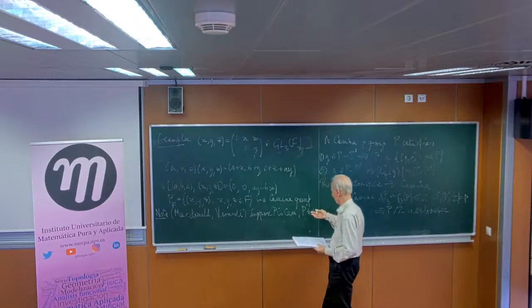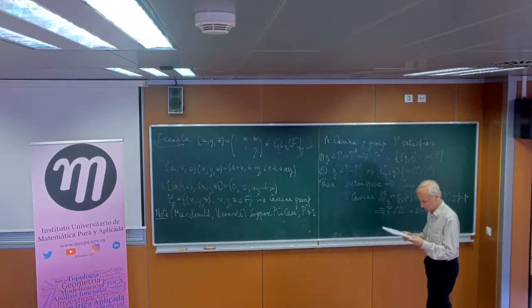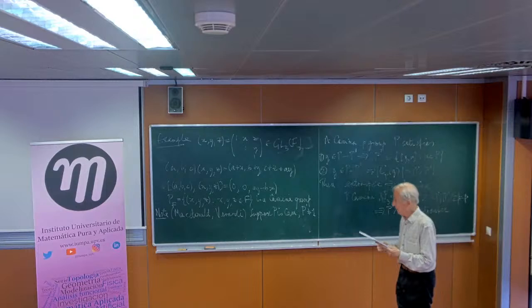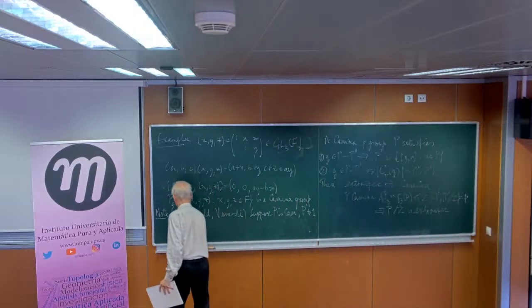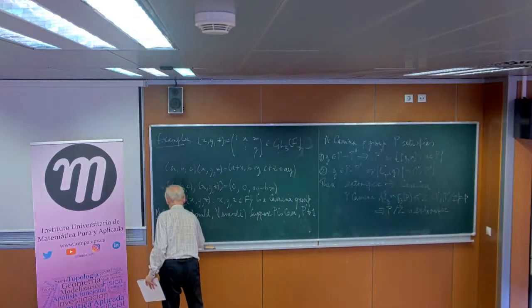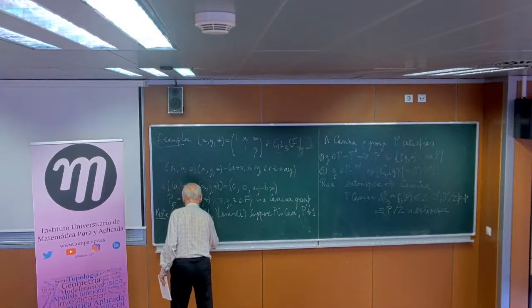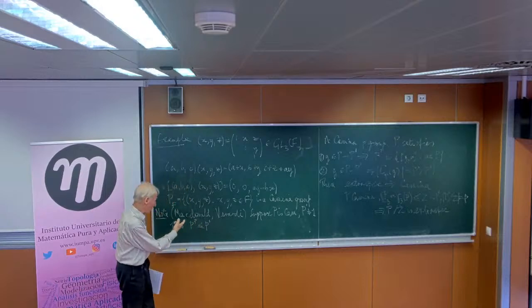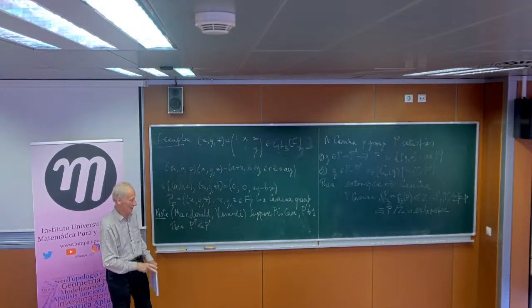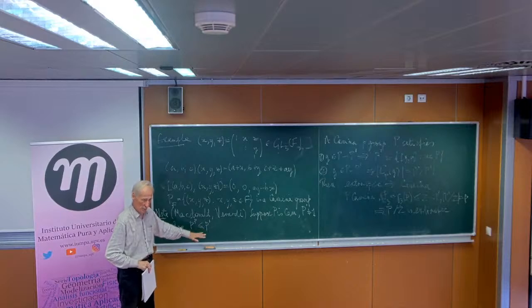That rules out the trivial case, since P dashed being 1 would be silly. And then, first of all, P to the p is contained in P dash. So in other words, P over P dash is elementary abelian. Now that's not particularly easy to prove, but it's true.